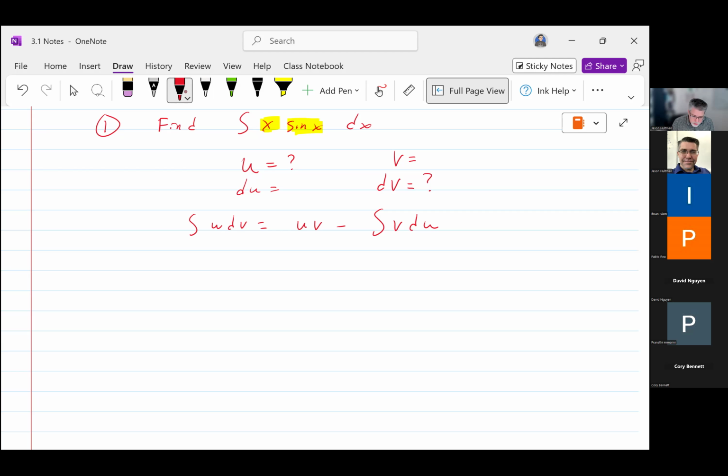So we use a mnemonic device to figure out what we should use for u. It's called LIATE, L-I-A-T-E, and this is the order of priority for what u should be.